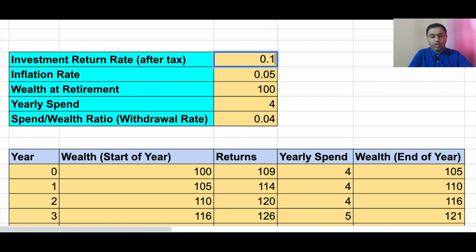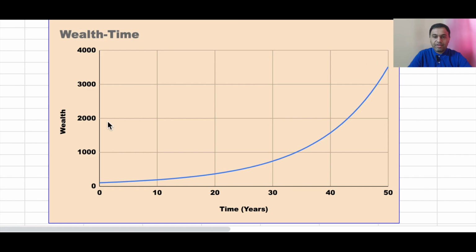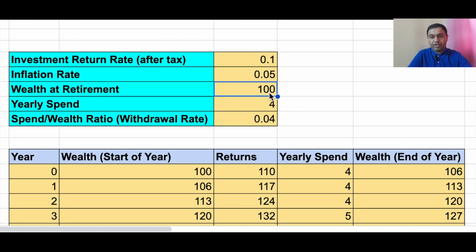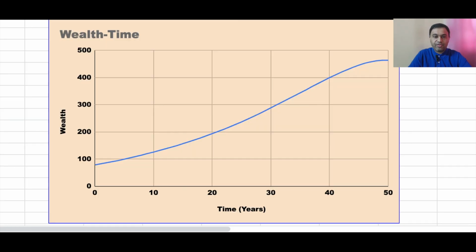Let's say you're confident that you can make 10% returns on investment after your retirement. Now, what you need to calculate is what would be your wealth required at retirement. With 100 being your wealth, as you can see, you almost never run out of it. But let's say you have only 50. As you can see, this is really not enough. It's running out after 20 years. Let's say you have 75 at retirement.